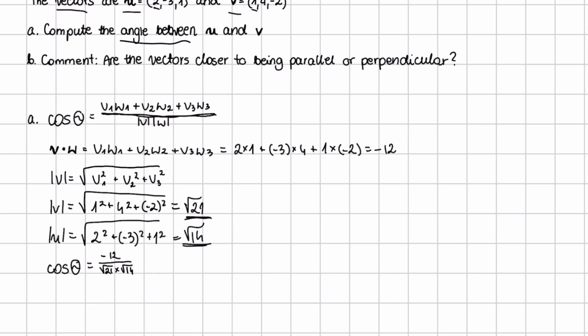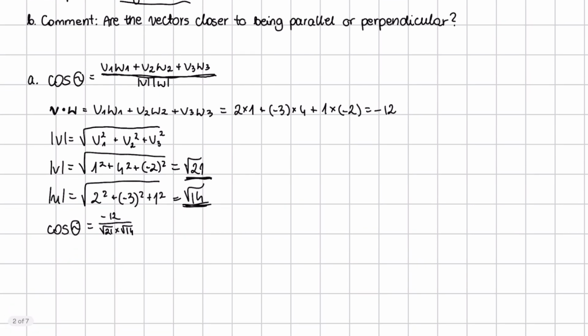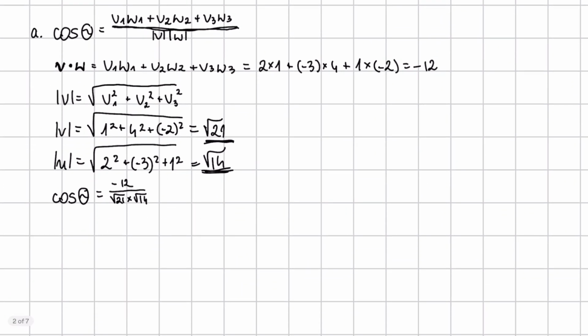So here we can leave square roots. So this is it. And now in order to calculate, we can divide both sides by cosine, because we want to have just this angle.